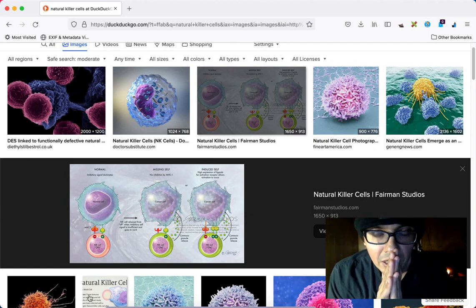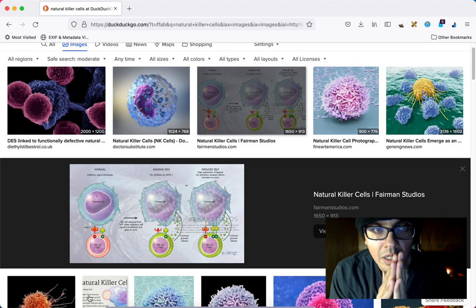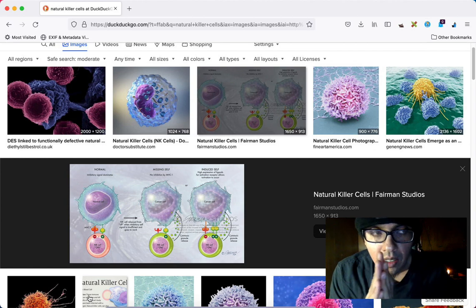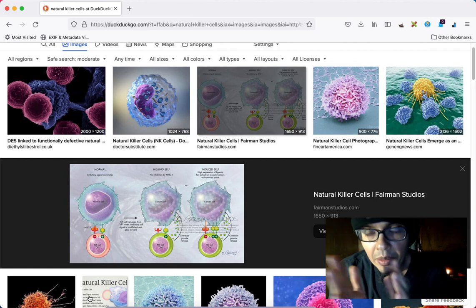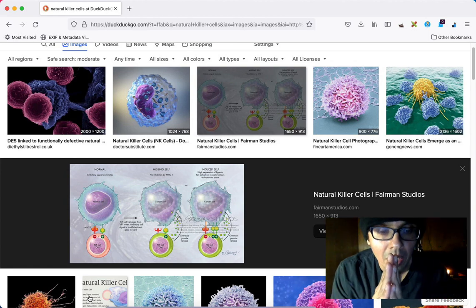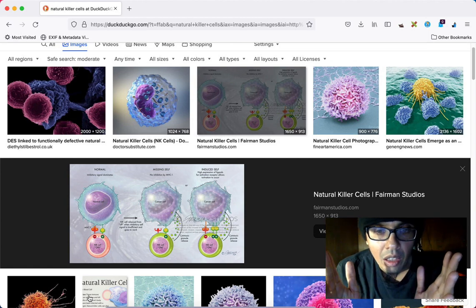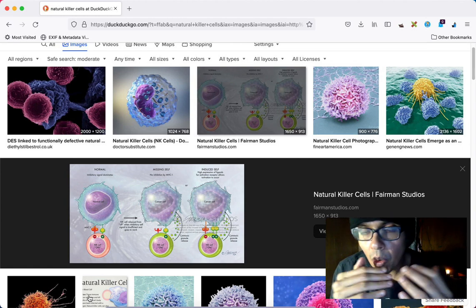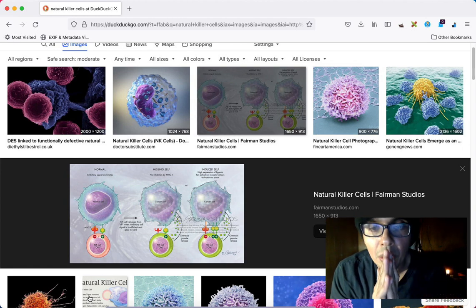So natural killer cells are part of what is called your immunosurveillance system. So what is immunosurveillance? It's the part of your innate immune system, though your adaptive immune system also participates in immunosurveillance. It's generally the part of your immune system where there are monitors, cells roaming about looking for abnormalities.